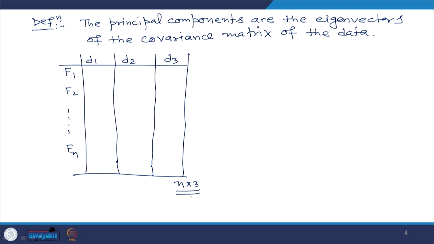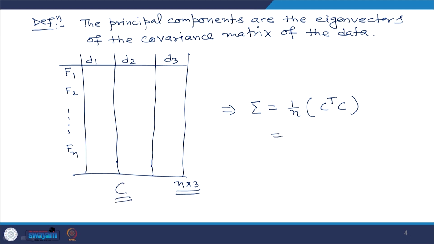So, now how to find the covariance matrix of this? You just use this table as a matrix. Let us say matrix C, and then the covariance matrix will become 1 by n into C transpose into C, where C is this n by 3 matrix.